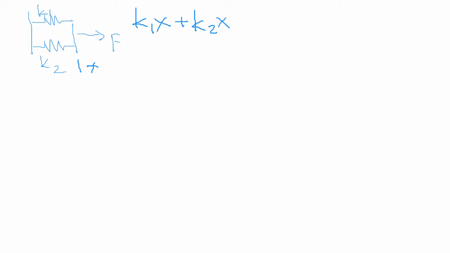The same x, the position is the same for both of them, is applied, which is equal to f, which is equal to K equivalent times x. From this point, K equivalent can be obtained as K1 plus K2.